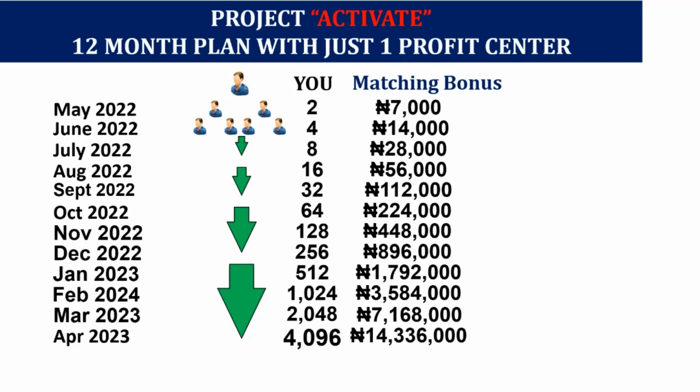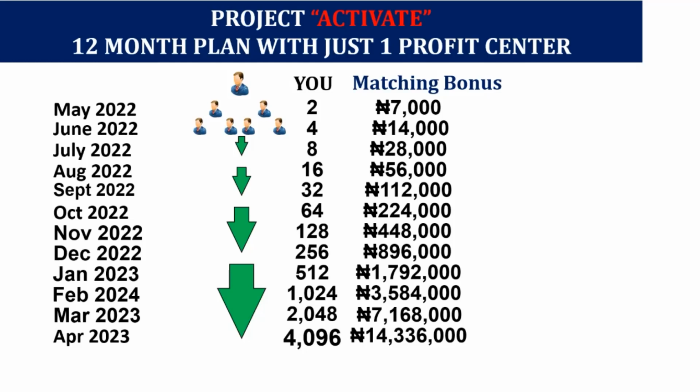This is one account we are demonstrating with you, one profit center. So the people with 3 accounts, 7 accounts, 15 accounts, 31 accounts, mega accounts, the mega account holders, begin to imagine what will happen. This is the demonstration with just one single profit center.